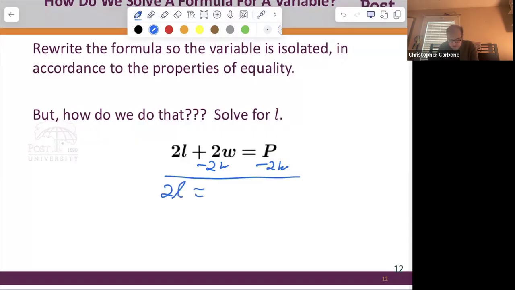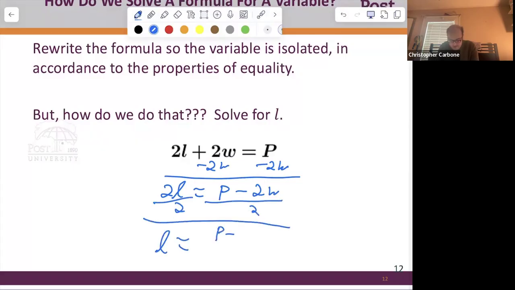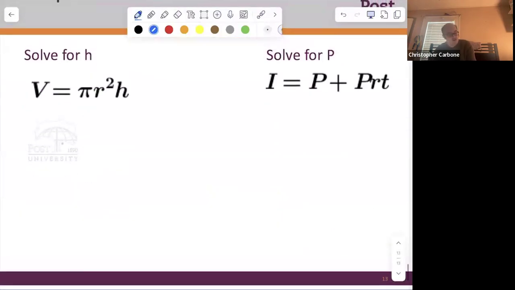So 2 times L is equal to P minus 2W, and then divide by 2. To get our answer of the length is P minus 2W all divided by 2 in this particular case, for example. And then 2 more of that.